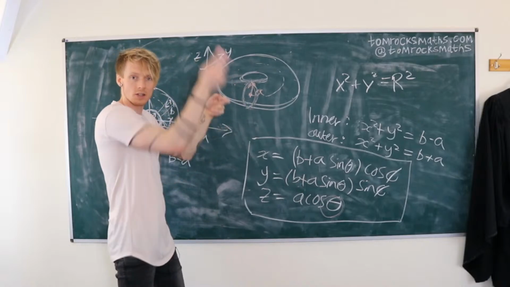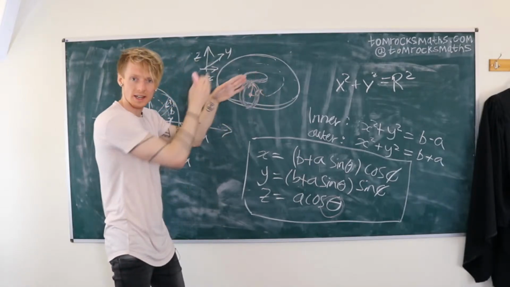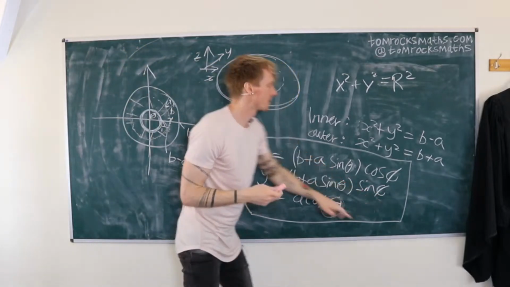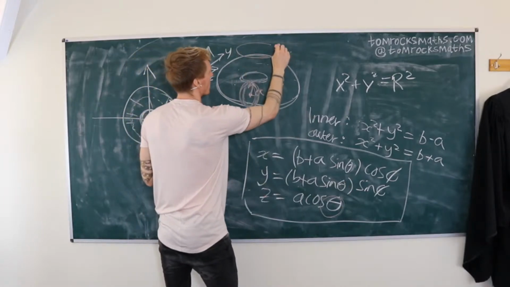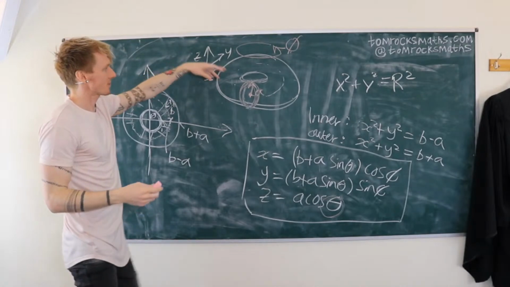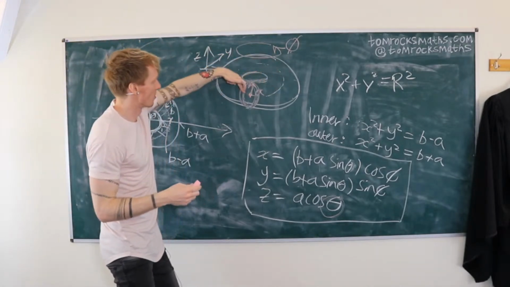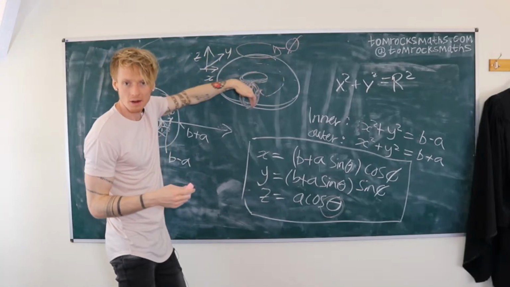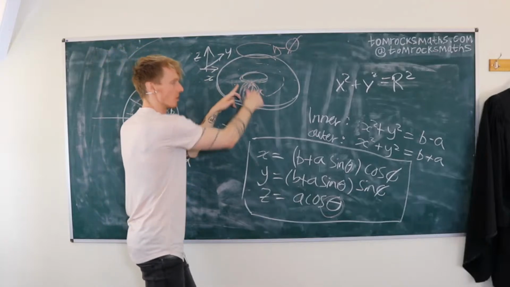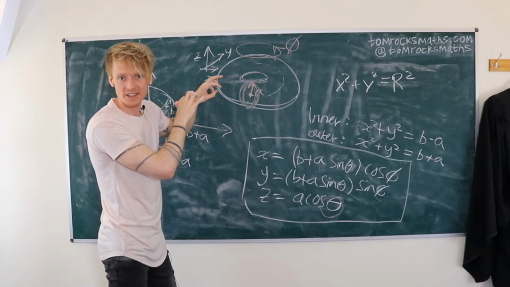So theta is the rotation around this circle, this slice through your donut. And then phi, the other angle, represents this way around. So you can think of it as, you start, say here, phi tells you how far around to go, around your donut. And then theta tells you how much to go up or down within that tube bit that you're inside.